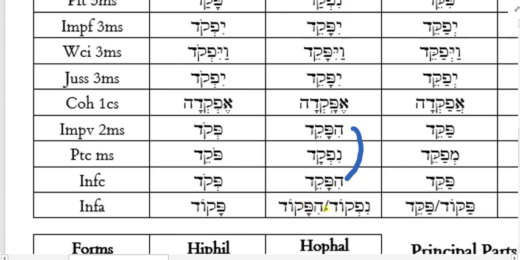And then the infinitive absolute has two forms, one with the hey prefix and the Nifal nun assimilated into the pey, or with the nun prefix outside the pey and nothing before it. So nifkod and hipaked, okay? The operative thing being that the last part has the holem vav, or if it's spelled defectively, it could just be a holem, just like paqod in the Qal infinitive absolute.